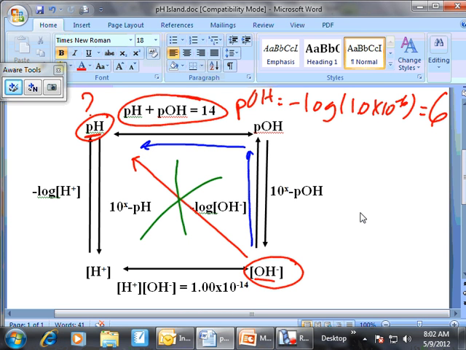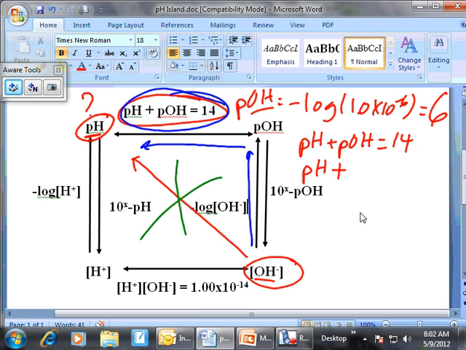Now we need to solve our second equation, pH plus pOH is equal to 14. We know our pOH, so pH plus 6 is equal to 14. So that'll give us pH is equal to 8.